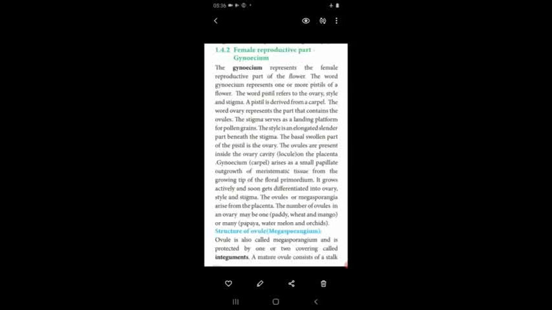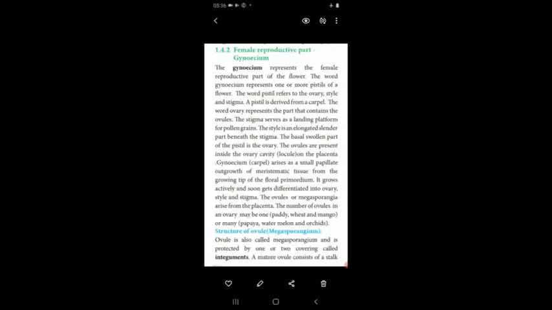The number of ovules may vary. In some plants the ovule is one, for example paddy, wheat and mango. In some plants it is many, for example papaya, watermelon and orchids. This is the female reproductive part of a plant.